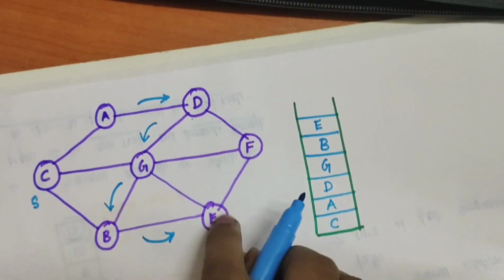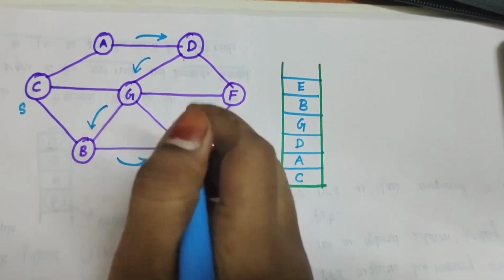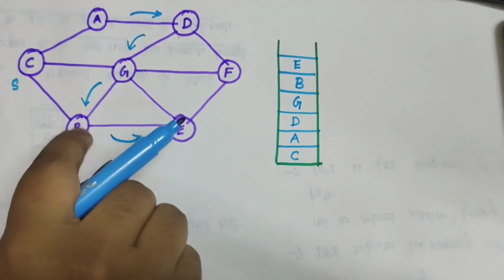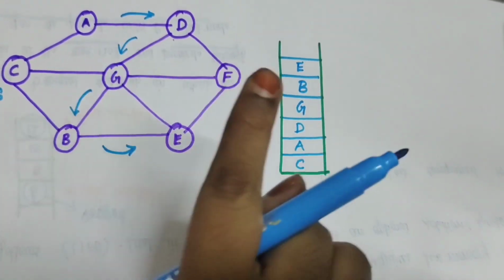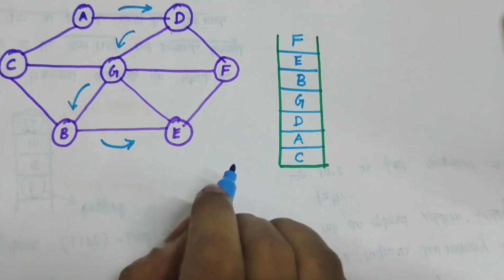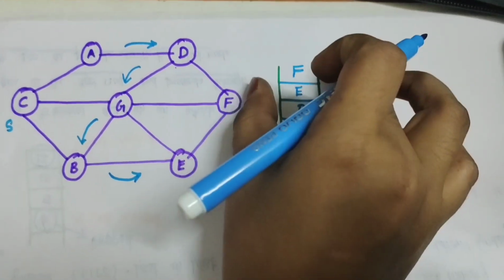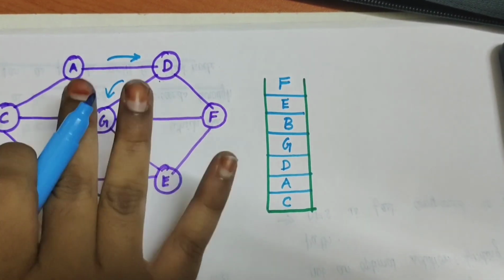And finally going to E, I'll see again the adjacent nodes of E, and we have G, F, B. B and G are already visited, so the only remaining unvisited node is F. As you can see, this is the DFS traversal, the depth first search of this graph.